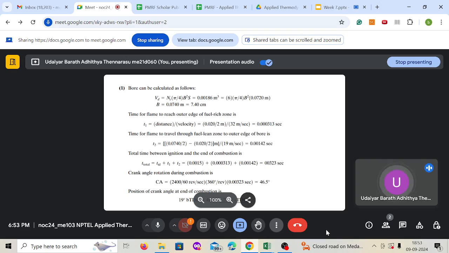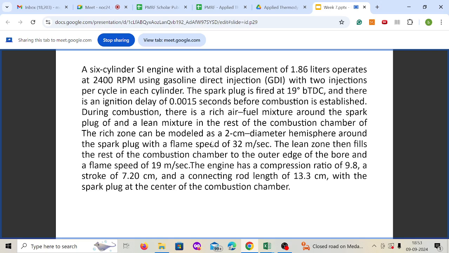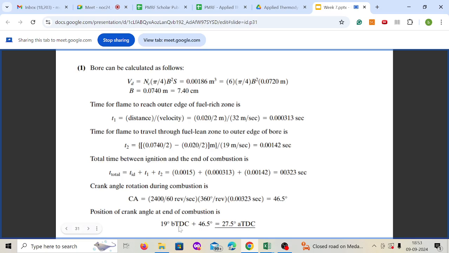So the position of the crank angle at the end of combustion: 19 degrees before top dead center is where the ignition started and the spark plug was fired. After that, it is 46.5 minus 19, so this gives 27.5 degrees after top dead center. This is where the crank angle will be at the end of combustion.